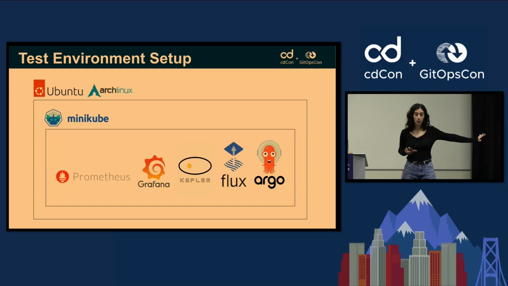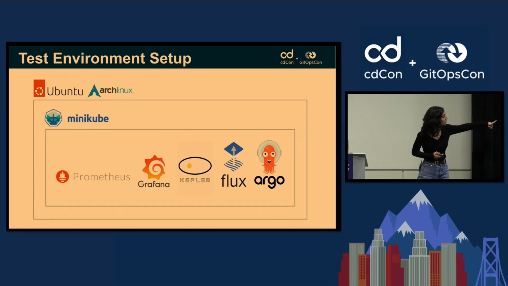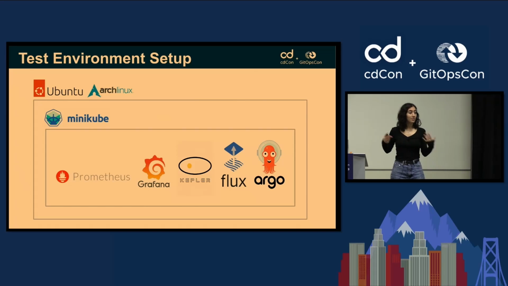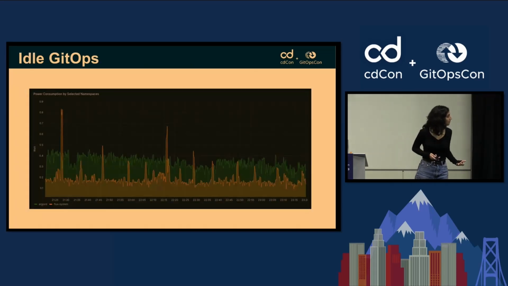We used Minikube to create the cluster environment with a CPU count of 4. 3 is also possible, but it sometimes ran out of compute power and crashed my machine multiple times. We then use Prometheus, Grafana, and then the secret sauce, Kepler, to measure Flux and Argo operations.